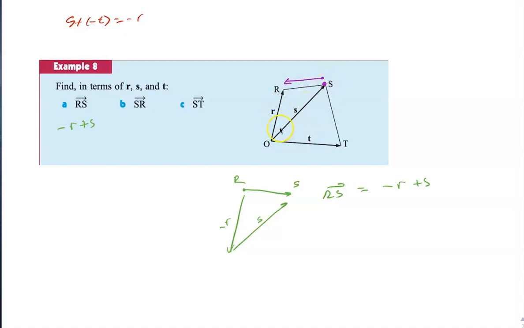Essentially, I have to go opposite S, so that's negative S. And then I could just go up R, going the proper way now, tip to tail. So negative S plus R. Start at S, I go against lowercase s, which makes it negative S, and then I'm going up R. So negative S plus R. How about ST?